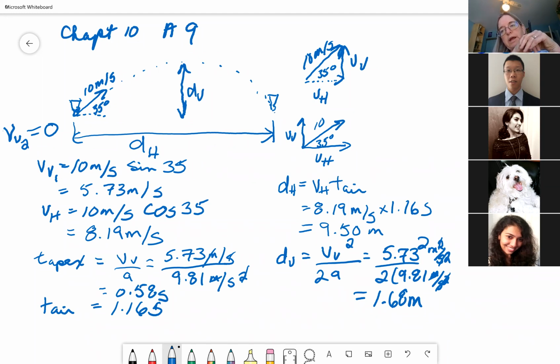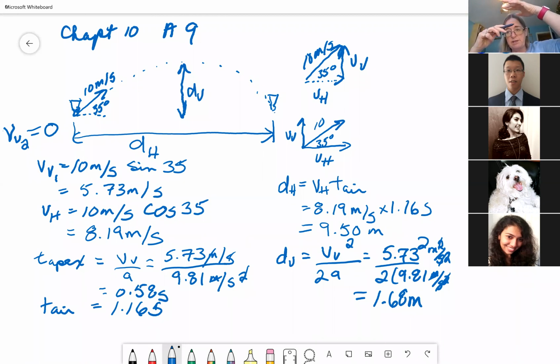One is where you're going from the apex down to landing, and those are your V's. If I dropped a ball right here, where I started at the apex and then went to the ground, my vertical velocity at time 0, meaning just when I let it go, is 0.